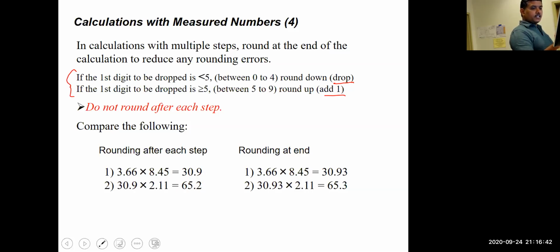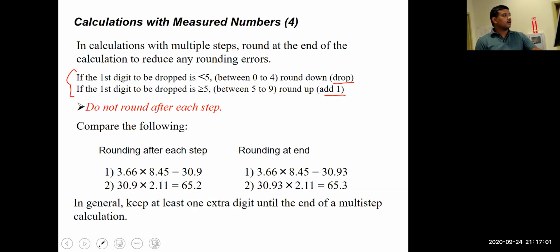Let's see, if you didn't round up after the first step, it should look like 30.93. And if you do the calculations with it, you end up with the number 65.3, which is incorrect in this case. So that's why you shouldn't round up the numbers in the middle of the calculation. You should always wait until the last step.